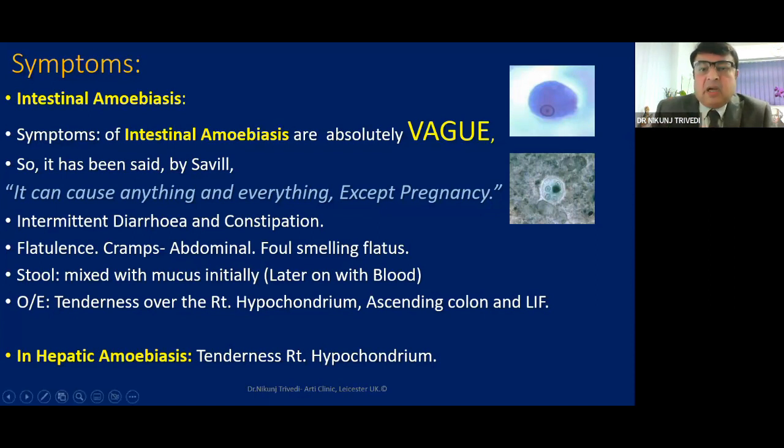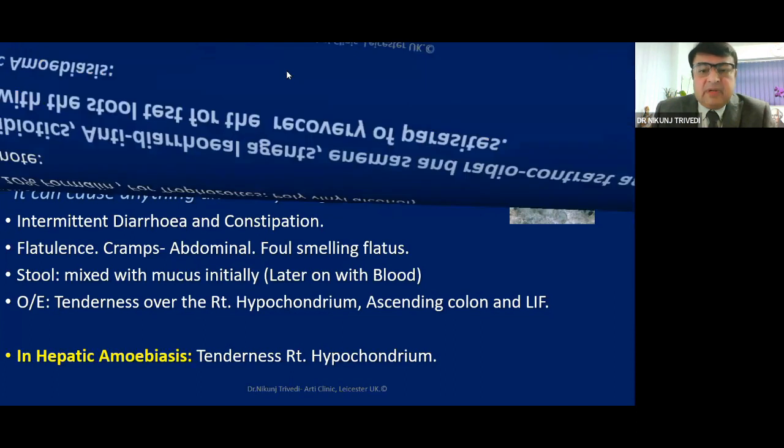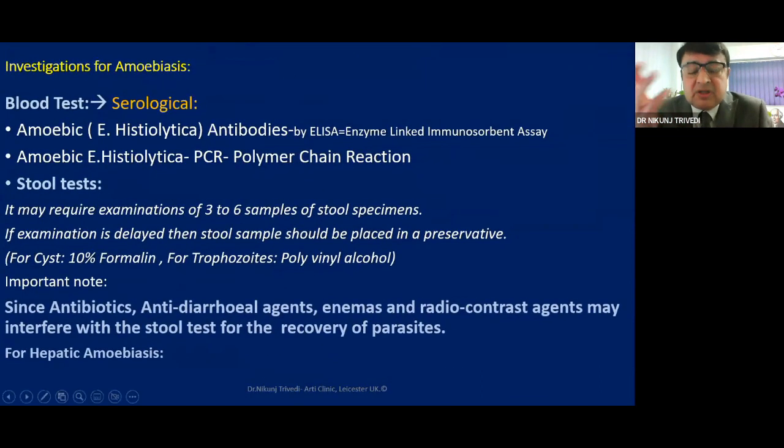Okay, now how do we diagnose this clinical condition? Serologically, we can advise the patient a blood test for amoebic antibodies by ELISA, enzyme-linked immunoassay. It shows a typical amount of amoebic antibodies in the blood. Another is PCR, polymerase chain reaction. That also shows the presence of amoebic protein, the cell protein.